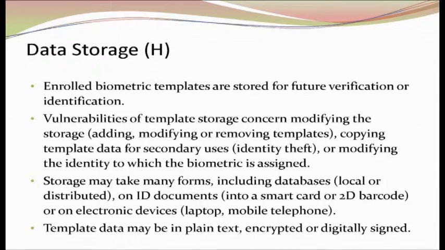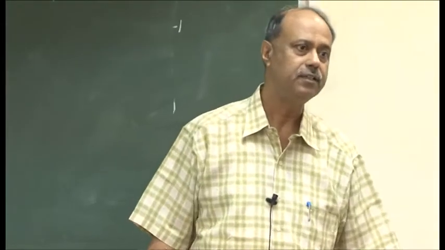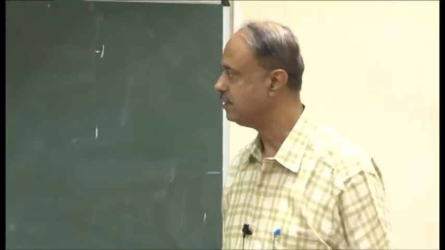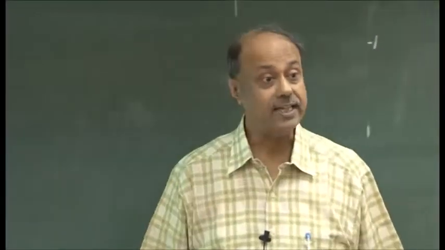This is one level. Or I put the template into another area for secondary use, and once I put that feature into a secondary area, then you are gone, because your data can be taken by somebody else, or I can modify your identity.